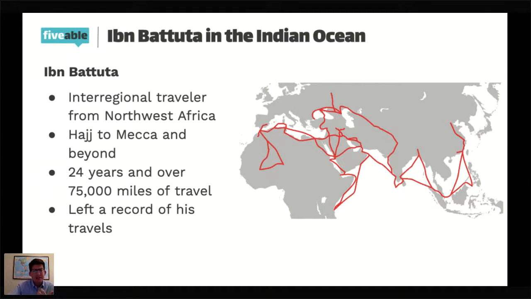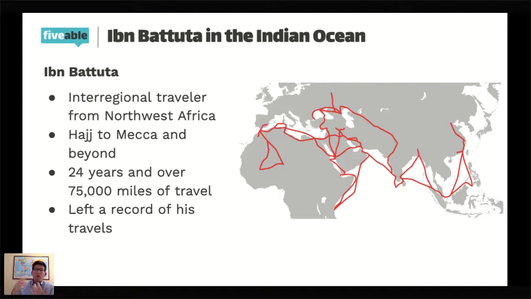But I was talking about this guy, Ibn Battuta, as an interregional traveler who interacted with many different peoples across the Indian Ocean, especially Muslim communities across the Indian Ocean. Interregional traveler, actually from Northwest Africa, pretty much from Morocco.